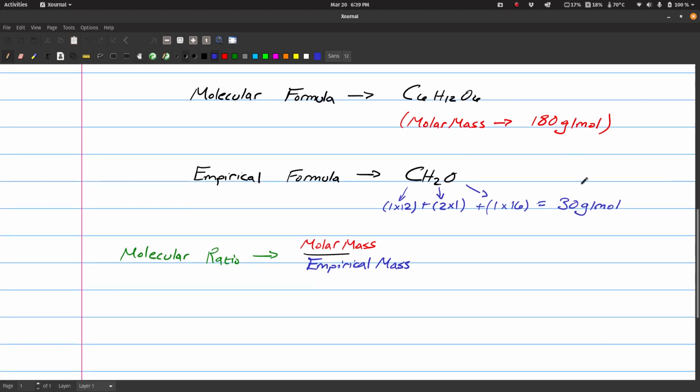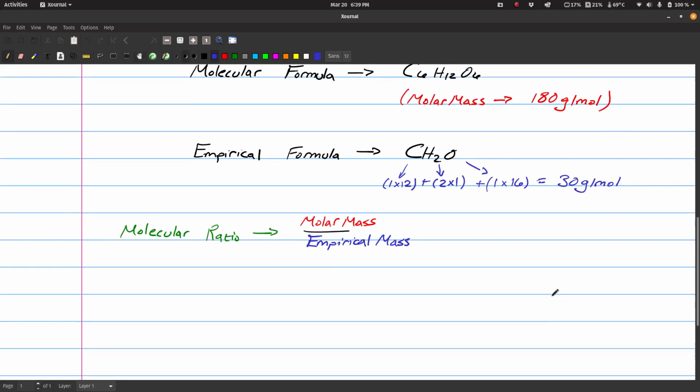Alright, so we're going to take these two numbers and plug them into this formula and see what our ratio is. We have 180, and yes, I should be putting the units, but just to save time, I'm not going to. We have 180 divided by 30, and that's going to give us a ratio of 6.